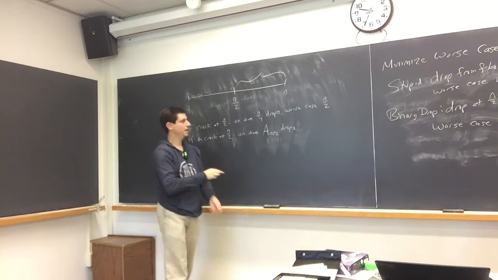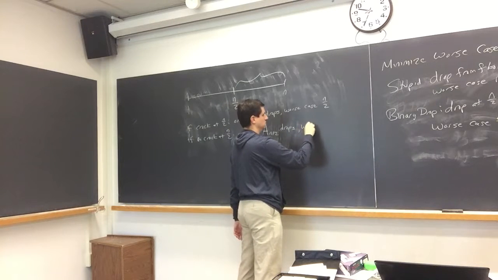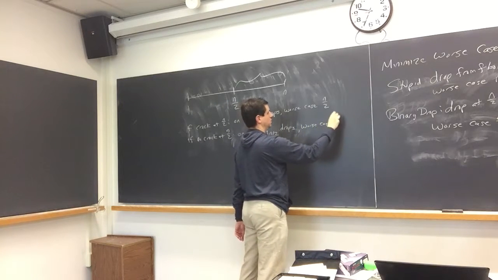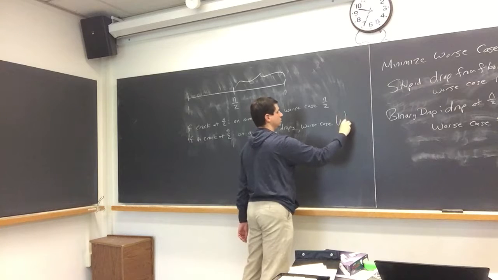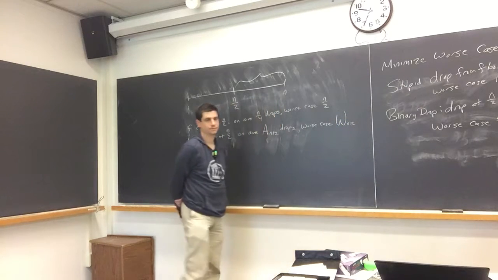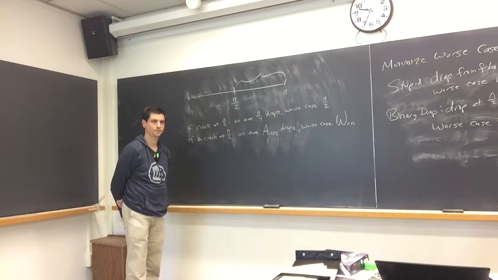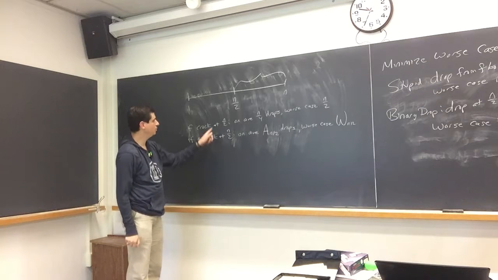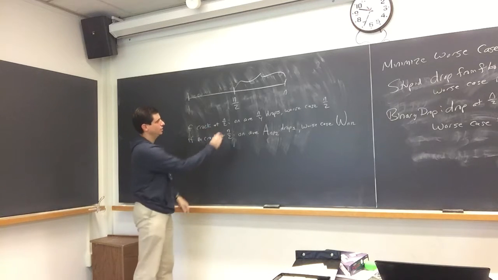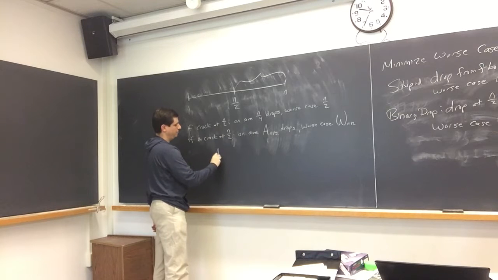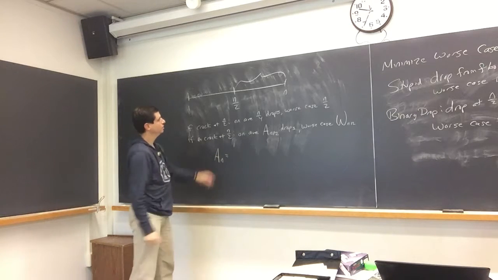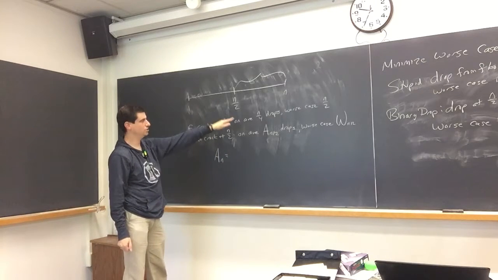And then worst case, it'll take W of n over 2. And now the formula we would get is the average with n drops. So half the time, it's going to be n over 4.